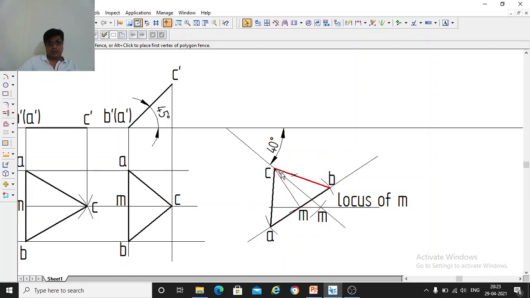So when the true length is at 40 degrees now, so what about this angle? You can extend this line, this CM median, the apparent length CM, you can extend it here, and you can measure this angle with your protractor.